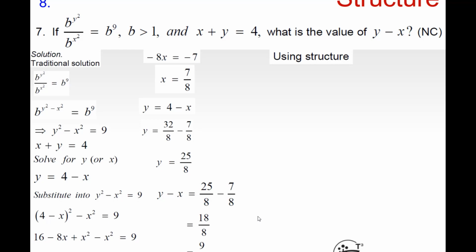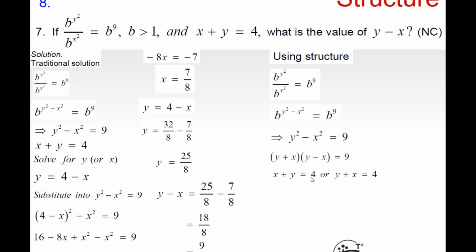Using structure, start off the same way. I get y squared minus x squared equals 9, but instead of doing a linear quadratic system, I chose to factor this expression, again using the difference of two squares. And x plus y equals 4 is the same as y plus x equals 4. The commutative property of addition says that.